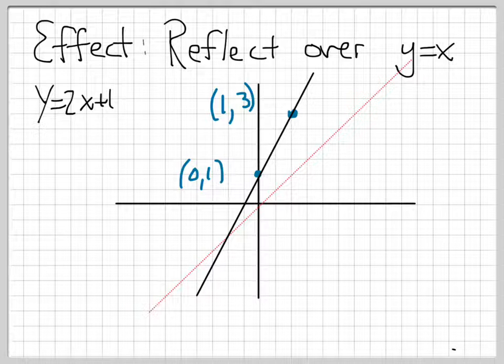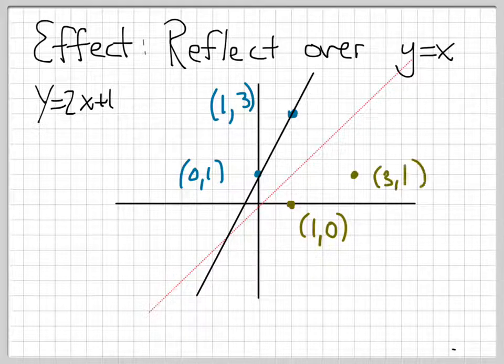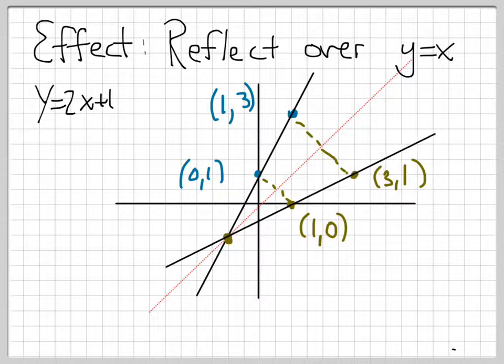And remember, it's take (0, 1) and replace it with (1, 0), and take (1, 3) and replace it with (3, 1). Right, these are the reflections over the axis. If it's actually on y equals x, it stays where it is. And so when we connect all those, what we're going to get is this line.